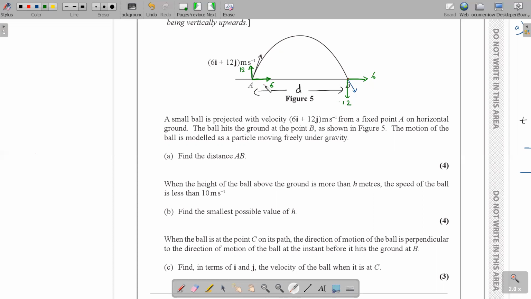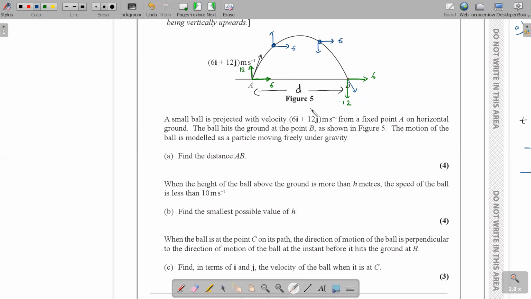Wherever you go in this path, the 6 remains constant. It's the vertical component that changes in value and in direction. The horizontal component stays in the exact same direction until the very end. The vertical component is the one that makes all the difference.